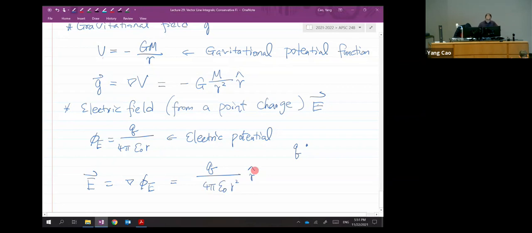An electric field is another example of a conservative field, because it is a result of a potential function's gradient operation.